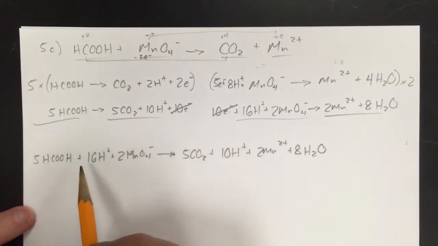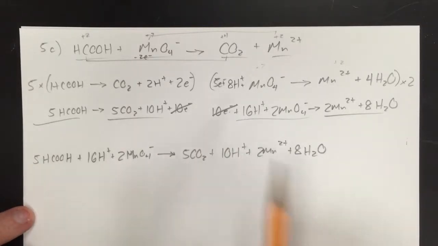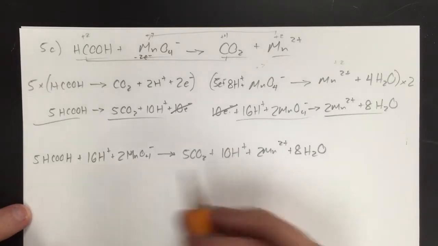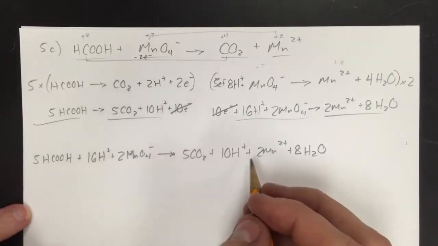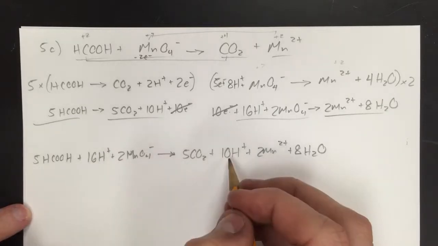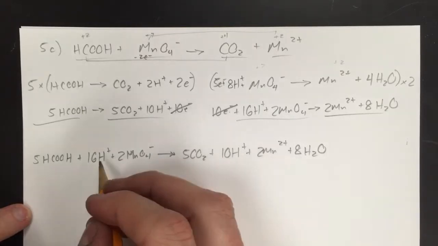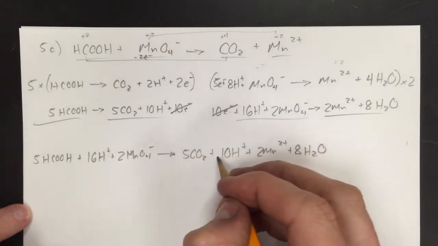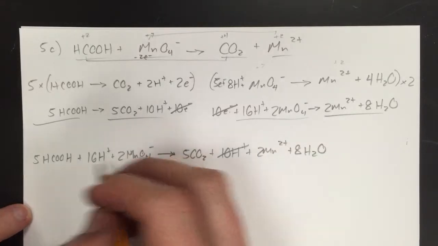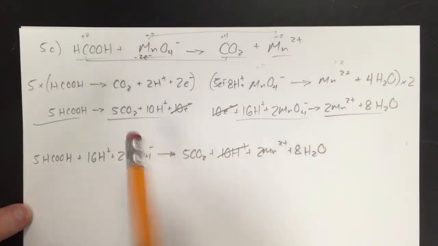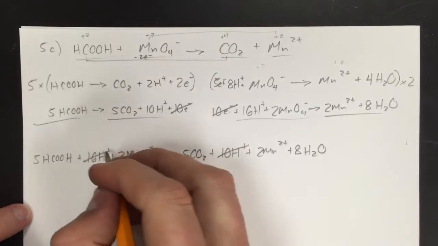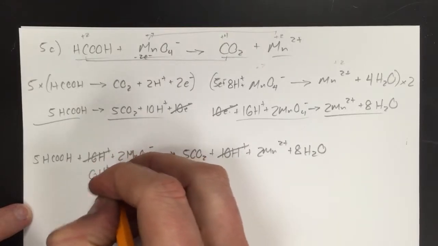Now, at this point, if there are things on both sides, we can cancel them out, right? We got hydrogens and we got hydrogens. We shouldn't have hydrogens on both sides. So let's cancel out the ones that we can. We got 10 and we got 16 hydrogens. So these go away entirely, and this is reduced down to 6 hydrogens on this side.